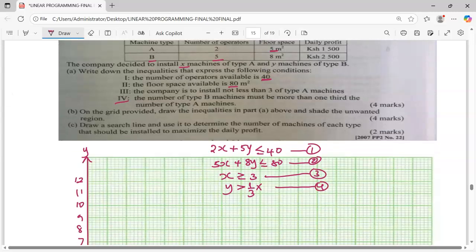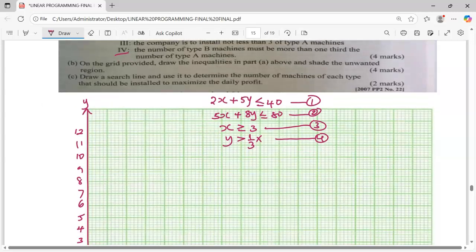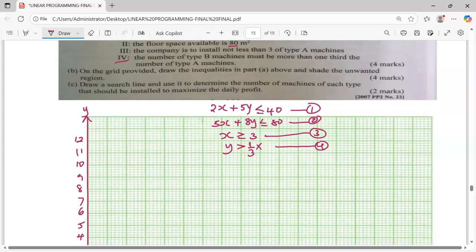From there, on the grid provided, draw the inequalities in part A above and shade the unwanted region. We are going to start by having a table for the first one, having X and Y. If we assume that the value of X is 0, then Y is going to be 8, and if Y is 0, then X is 20.